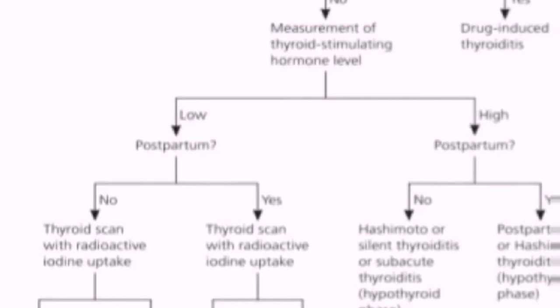If the radioactive iodine uptake is high, both can cause Graves' disease, and the low uptake can cause hyperthyroidism and thyroiditis.